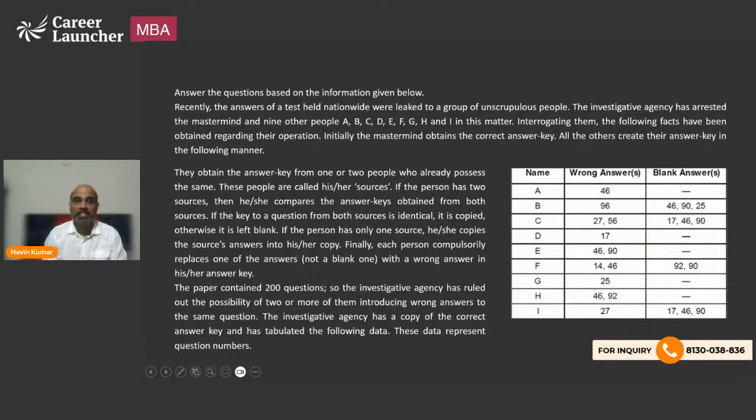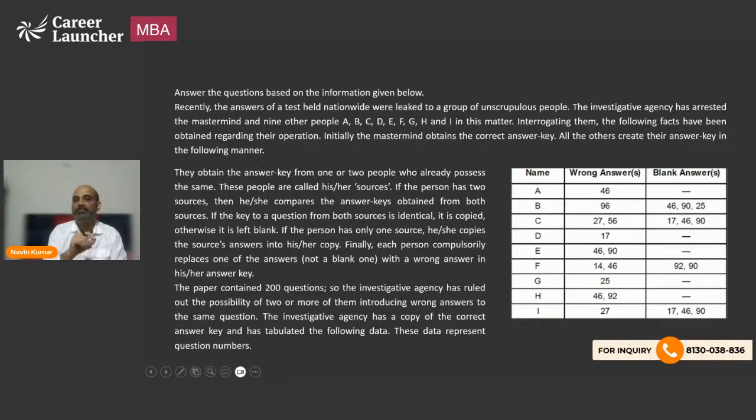The investigative agency has arrested the mastermind and 9 other people, A to I, in this matter. Interrogating them, the following facts have been obtained regarding their operation. Initially, the mastermind obtains the correct answer key. So, mastermind has the correct answer key. Every question's exact answer he is aware of. And all the others create their answer key in the following manner.